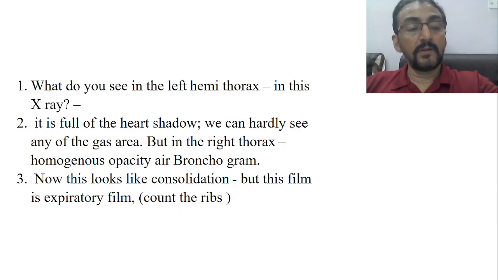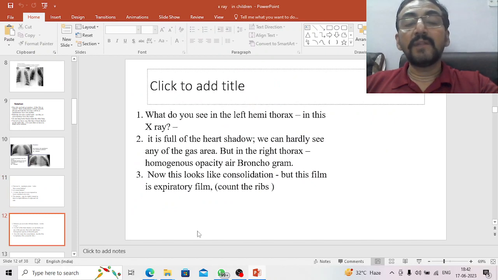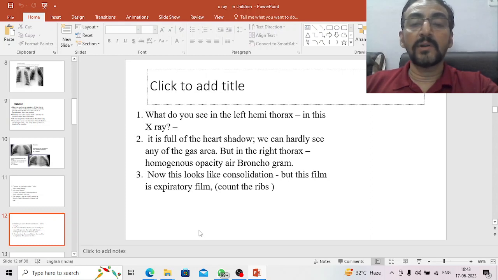Now another one: do you see the left hemithorax in this X-ray? It is full of hard shadow, so we can hardly see any of the gas area. But in the right thorax, a homogeneous opacity with air bronchogram is seen. Now this looks like a consolidation, but this film is an expiratory film. Count the ribs.